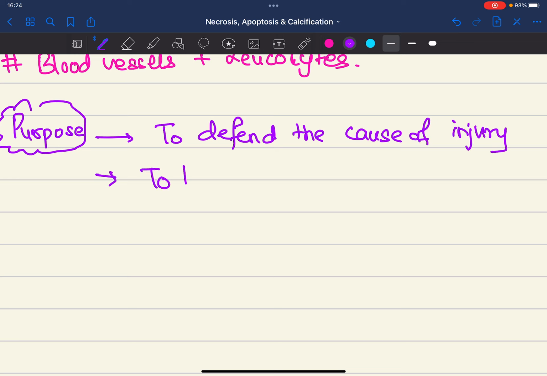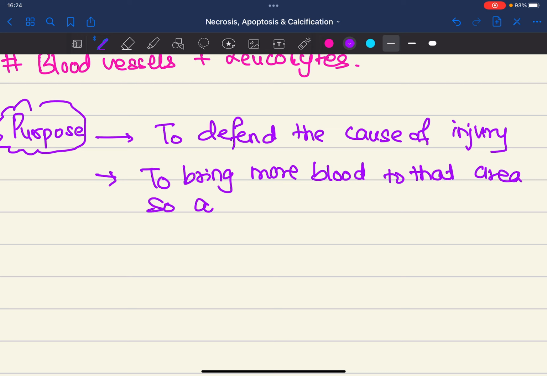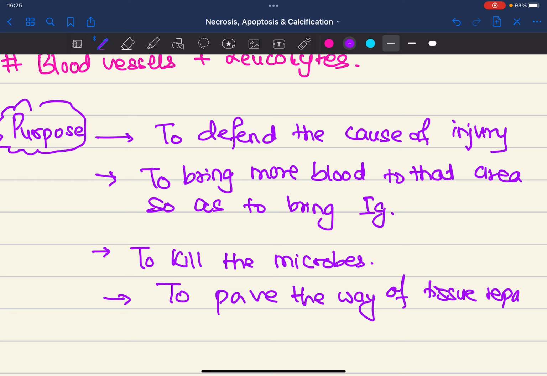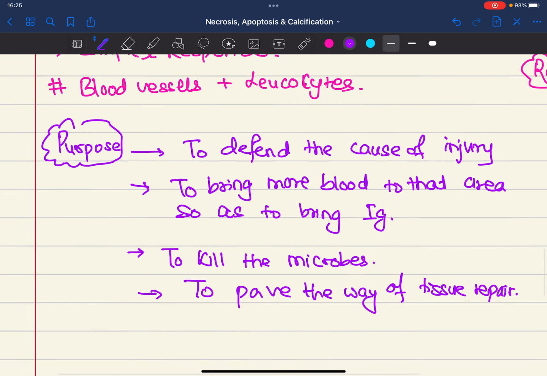Second one is to bring more blood to that area, so as to bring immunoglobulins to kill the microbe, if microbes are involved. And at last, to pave the way for tissue repair. So if there is inflammation, then obviously there needs to be repair.